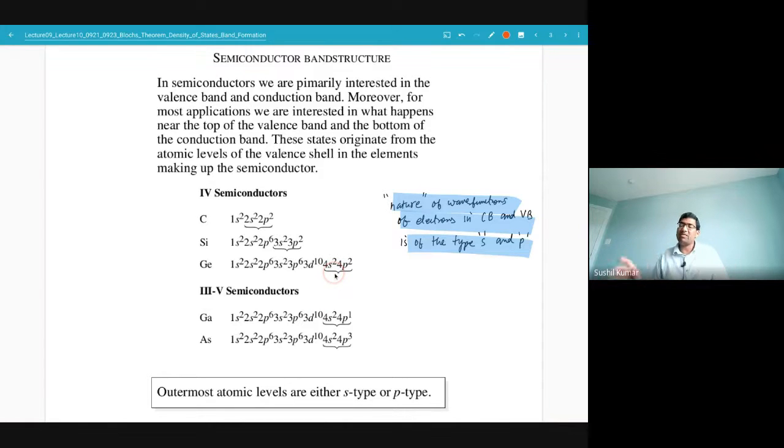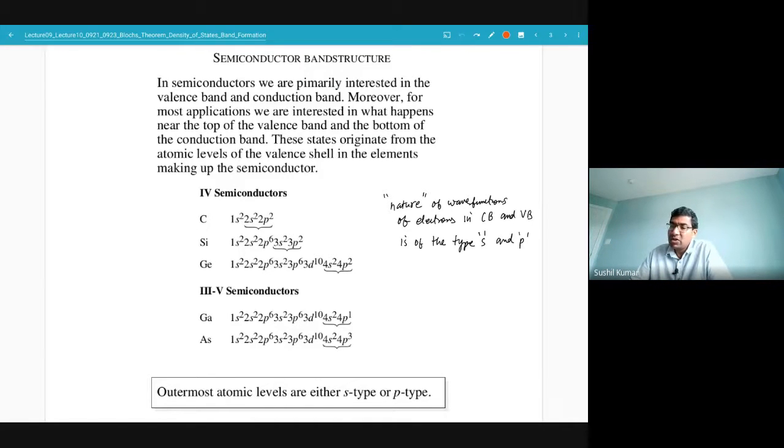They do retain some of the geometric shape, so we can say they retain the character of S and P orbitals. Okay, so that's something for you to remember. For example, in gallium arsenide, the valence band has more of a P character, and the conduction band has more of an S character, and is more spherically symmetric. So we will find that out later.